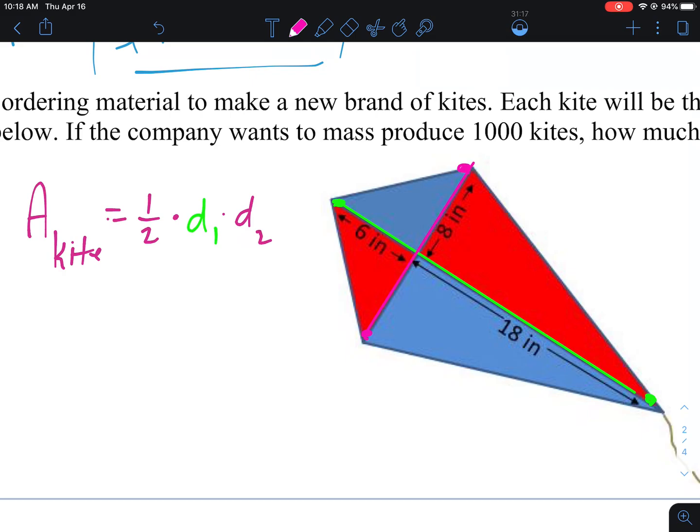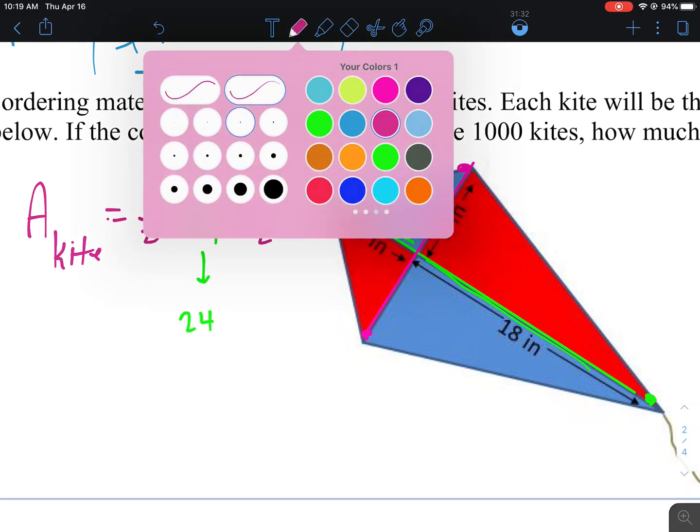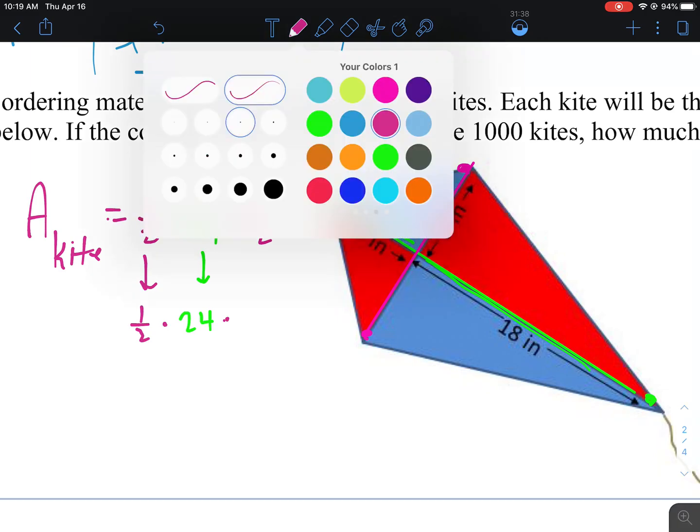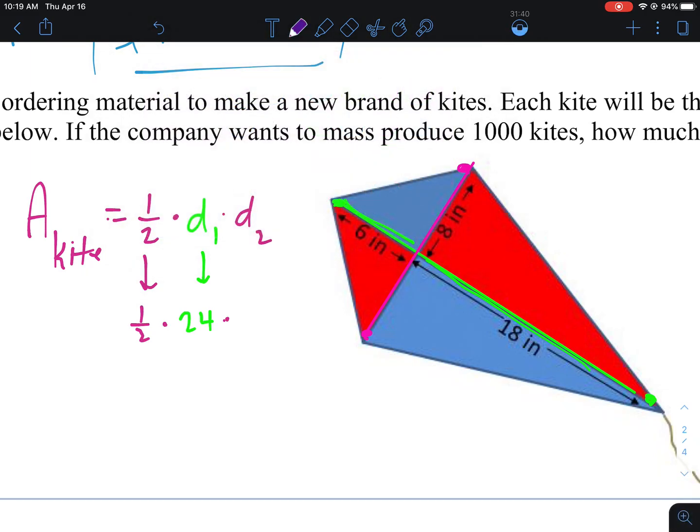All right, so that said, diagonal 1, you would have to add 6 plus 18. And 6 plus 18 will give you 24. That's going to be the length of diagonal 1. I'm going to bring down the 1/2. And then D2. Now notice they only wrote 8 by one of these. But technically, if you remember, with a kite, they're symmetric over this big diagonal.